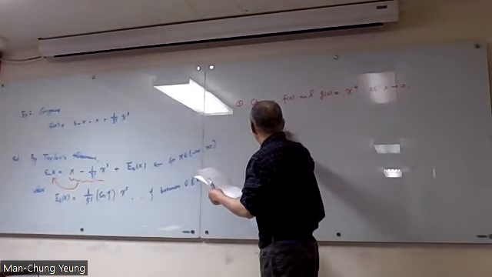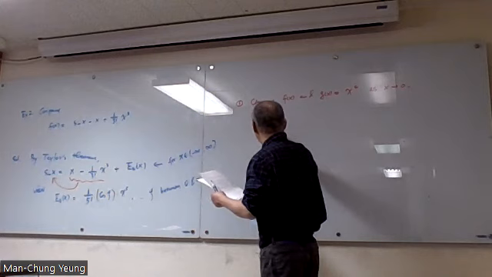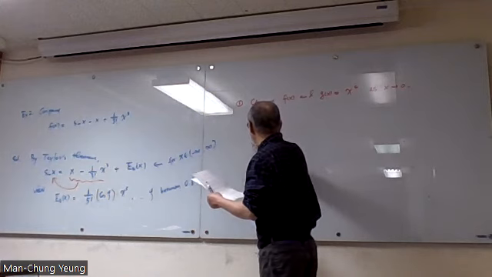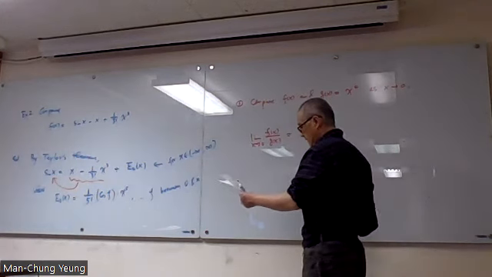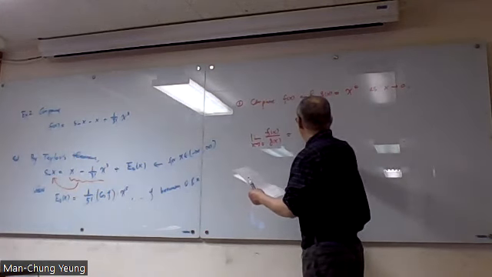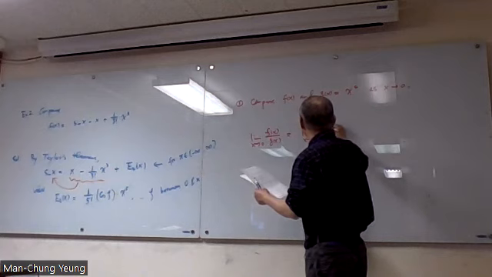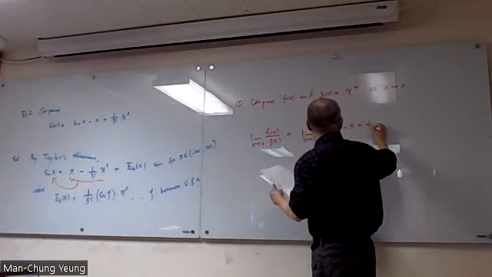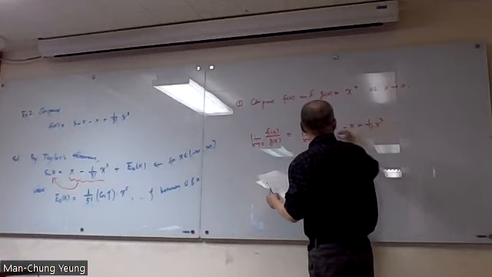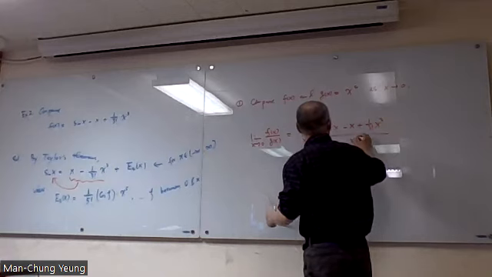Function f over g as x approaches 0. Let me see. This is a sine function f over g, x to the 4.